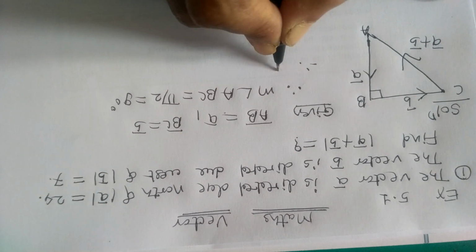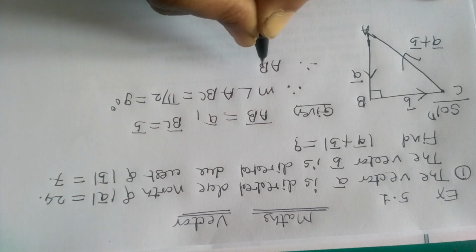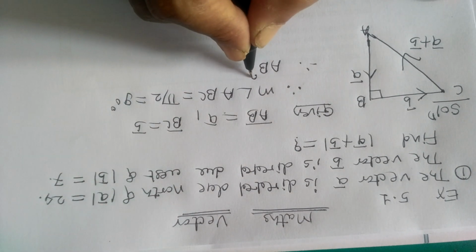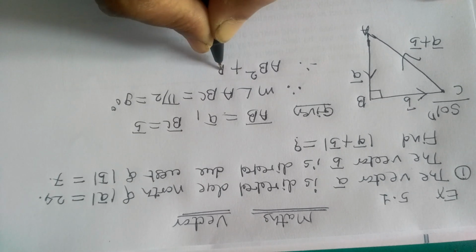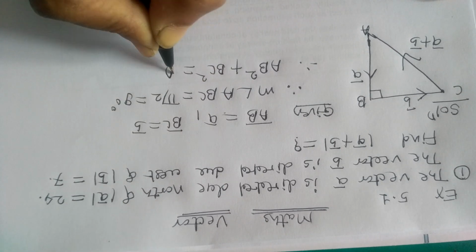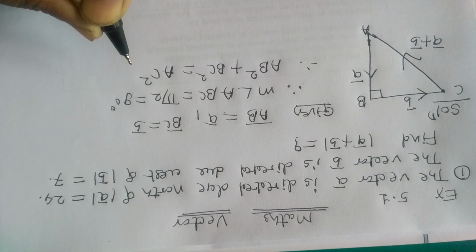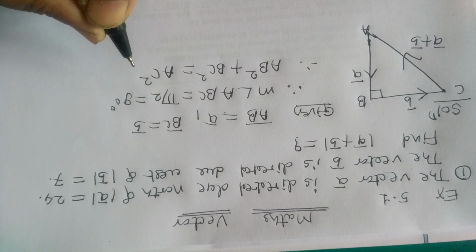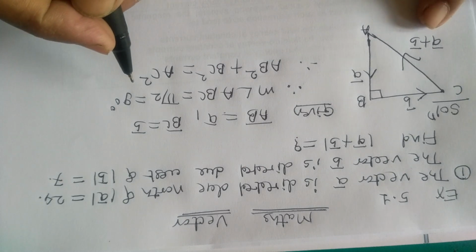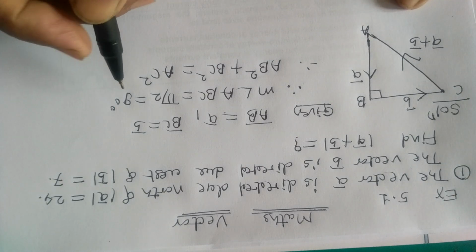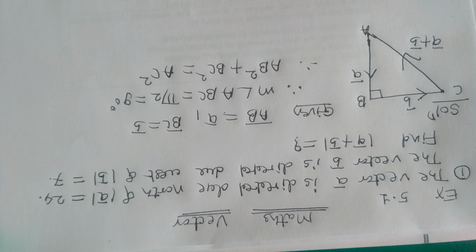Therefore, from this figure, in terms of magnitude, AB square plus BC square is equal to AC square by the Pythagoras law in the right angle triangle. Again our required vector a bar plus b bar corresponds to the hypotenuse of the right angle triangle.